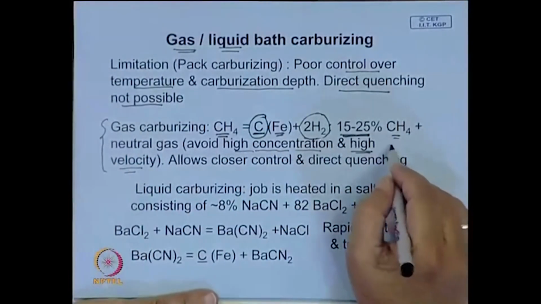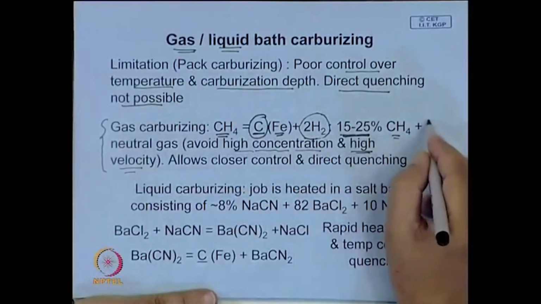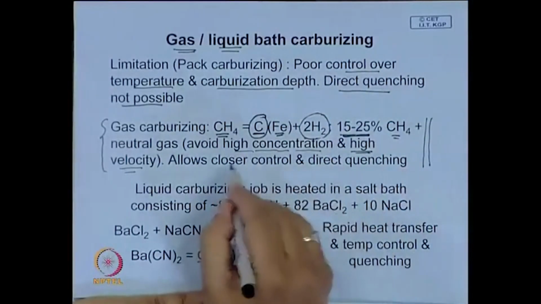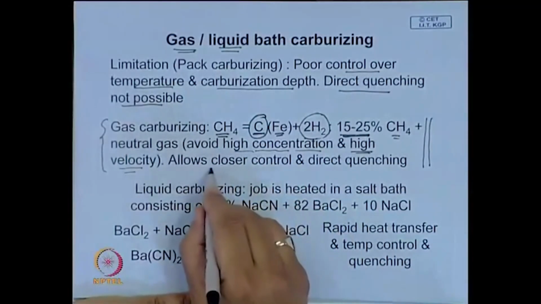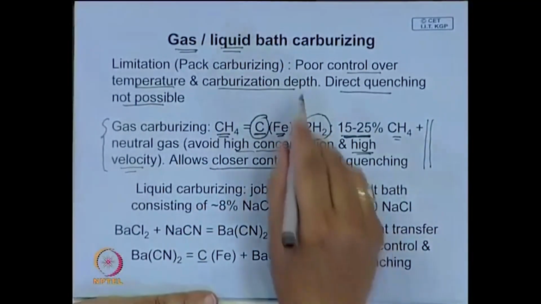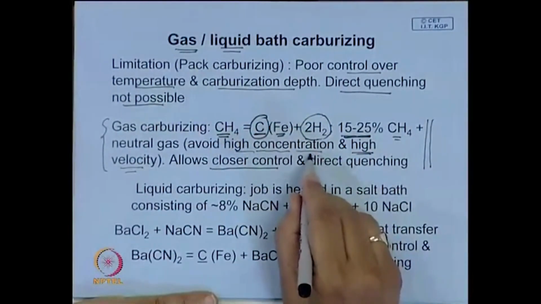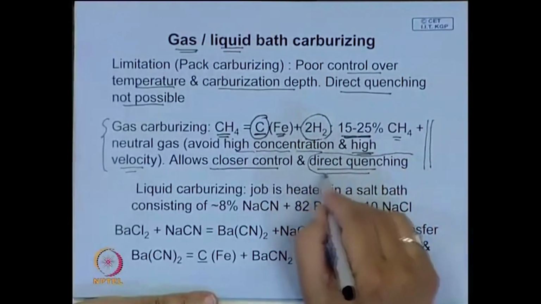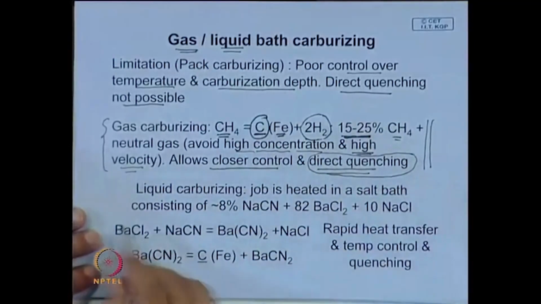But this can be controlled. Many temperature control devices can be adopted. You can also have flow control devices, so you have very close control over the depth of carburization and temperature, and it also allows direct quenching. So, in certain cases it cuts down the post carburization heat treatment cost.